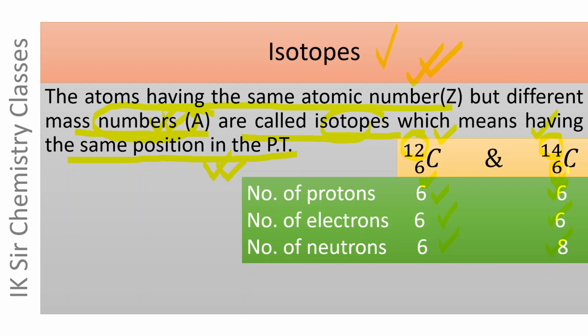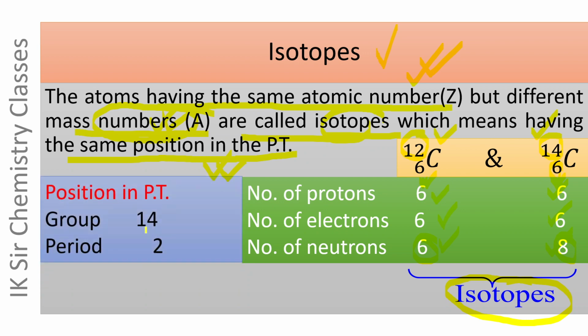These two nuclides have the same atomic number but different mass numbers, that is a different number of neutrons in the nucleus, and hence these are called isotopes, which means having the same position in the periodic table. They belong to group 14 and period 2 of the periodic table.